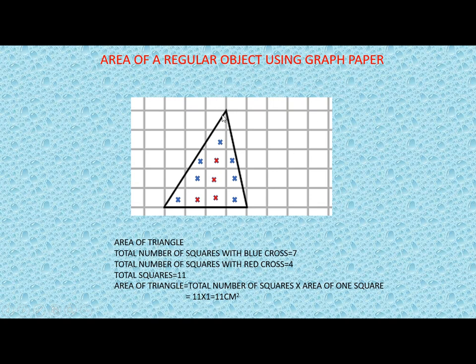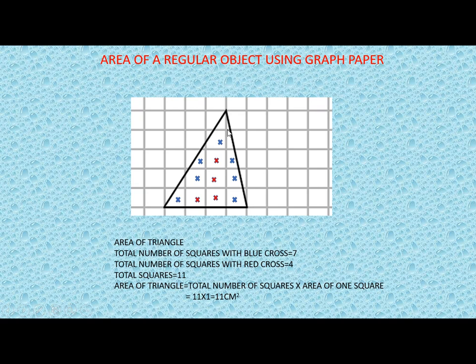So what we will do: suppose you have to find any object's area using graph paper, then you put that object on the graph paper. Hope all of you have seen what a graph paper is. Then you draw the outline of that object.